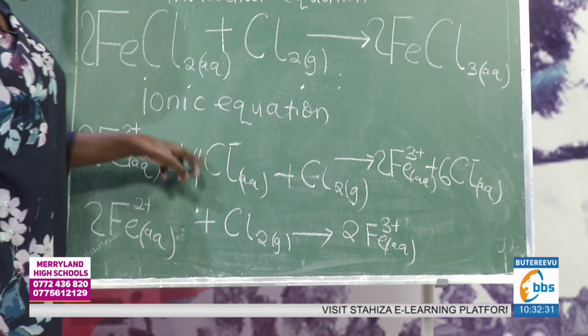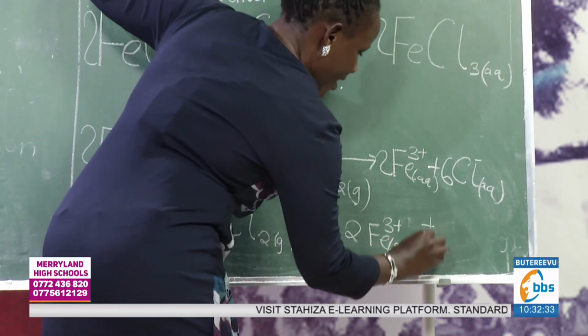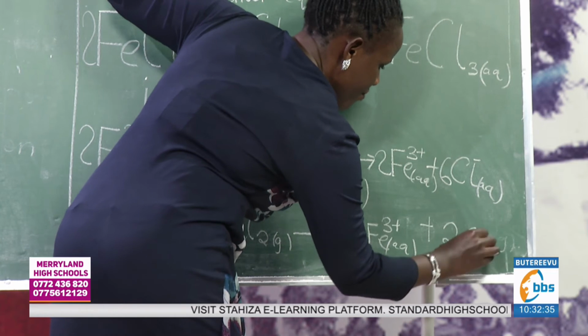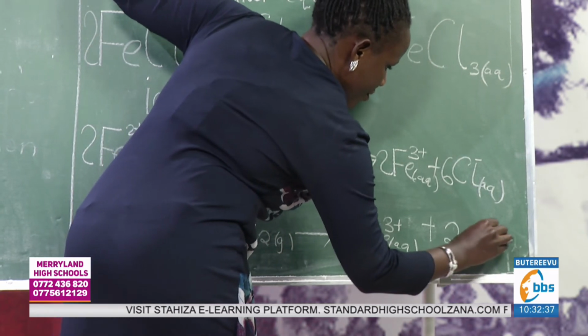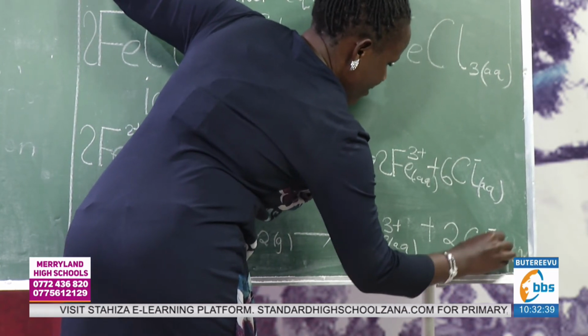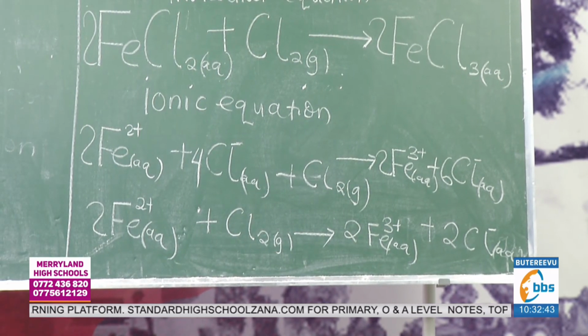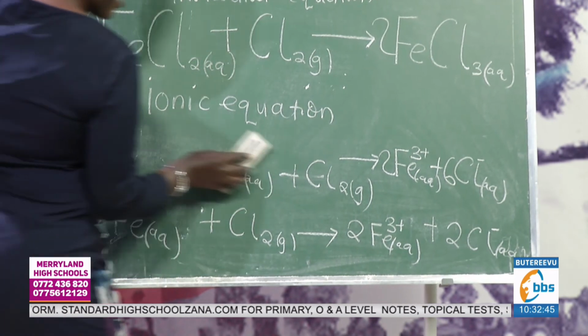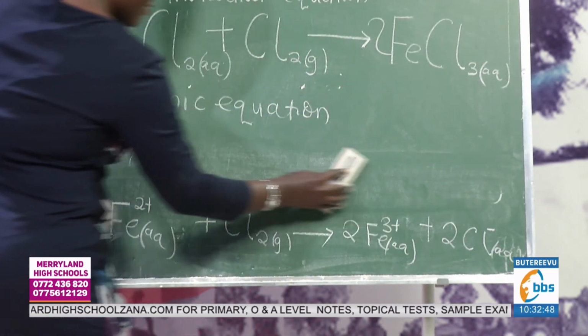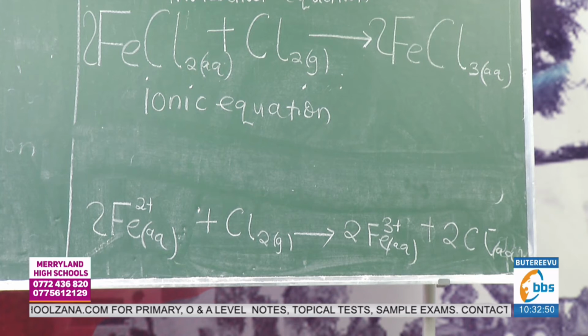Okay, 6 minus 4 plus 2 chloride ions. So what will my ionic equation look like? I was only showing you what really takes place. That is our ionic equation.